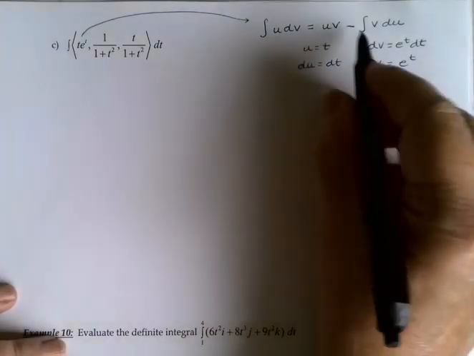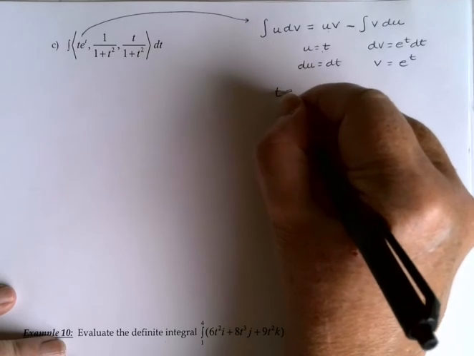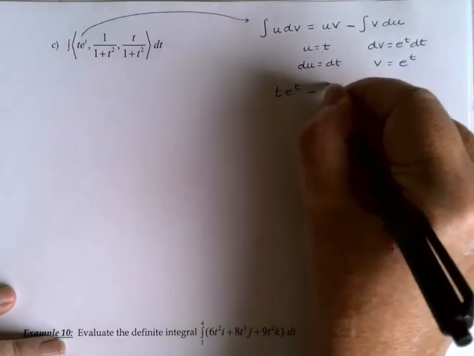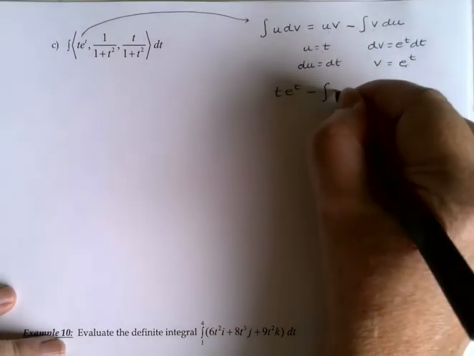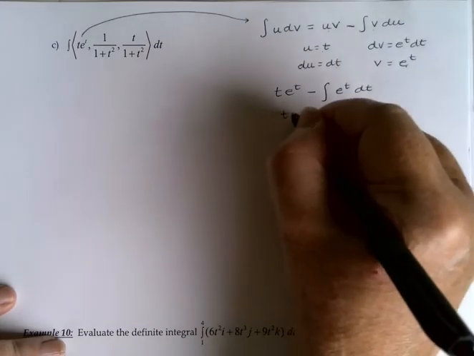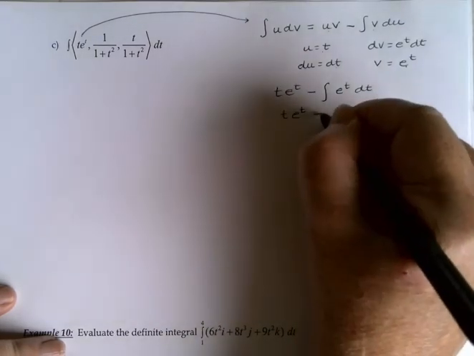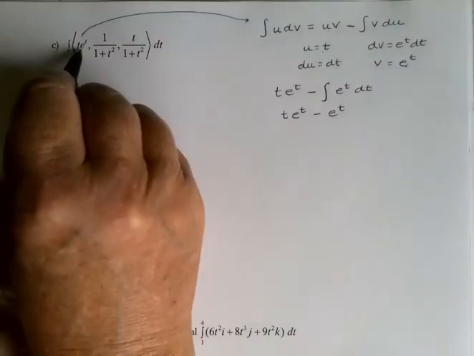So I'm going to get uv, t e to the t, minus the integral of v du, which would be e to the t dt. And the integral of e to the t is still e to the t. So I just get t e to the t minus e to the t. So that's going to take care of this first term.